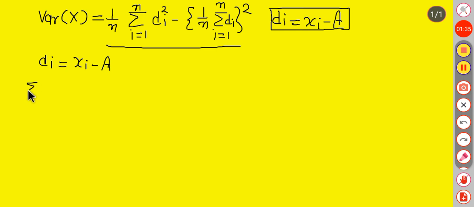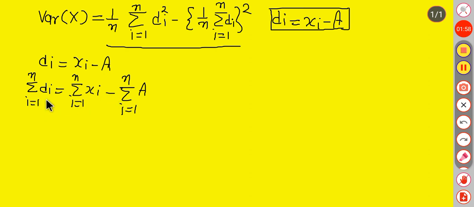Now take summation on both sides. So summation over i from 1 to n of di equals summation over i from 1 to n of xi minus summation over i from 1 to n of a. Now multiply by 1 upon n, or divide by n.